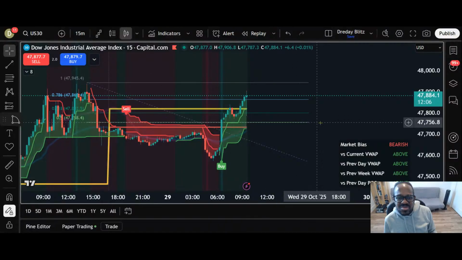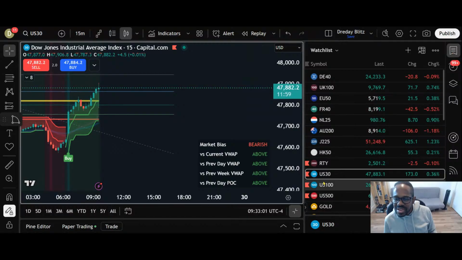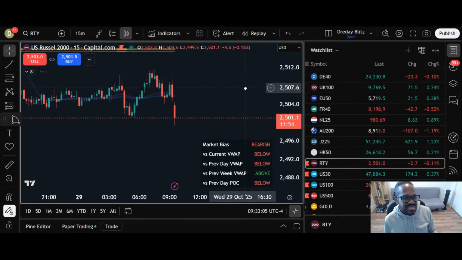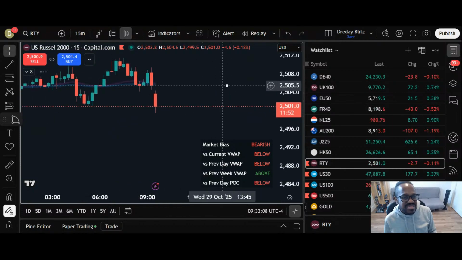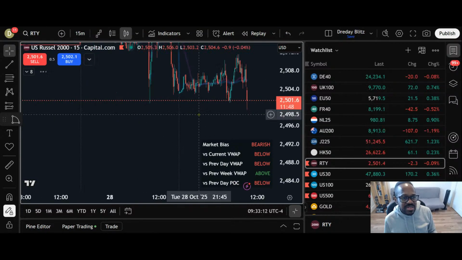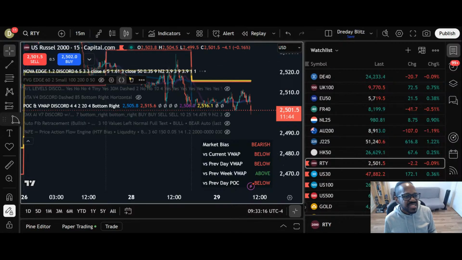It may start to resist, and we have a Russell sell right now. Russell did provide us with a gap to the downside. Let me make sure that it's loaded here.